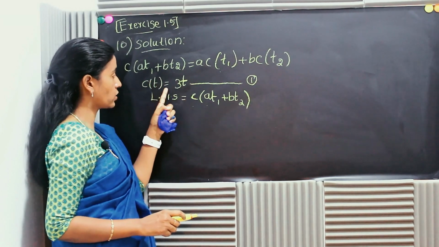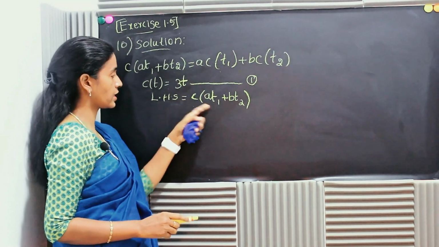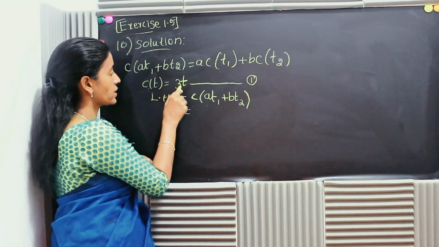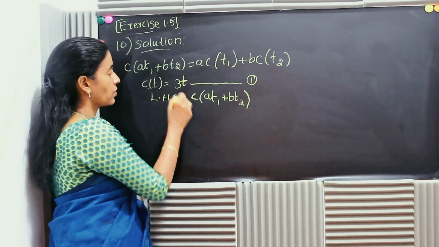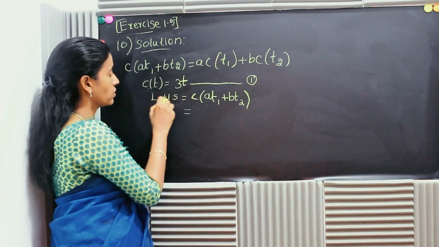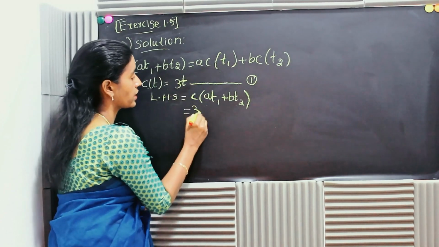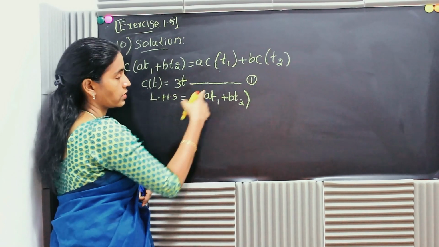So, C of t equals 3t. How can we write this LHS? We can write C of t is 3t. This is the given thing. By comparing this equation with this equation, we can write 3 into t value is this one, right?